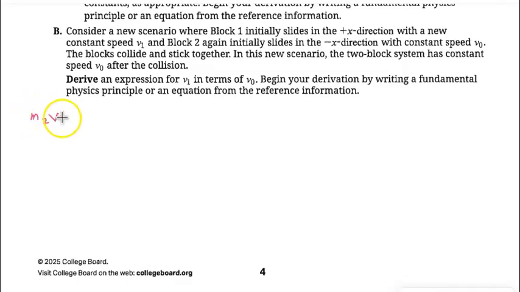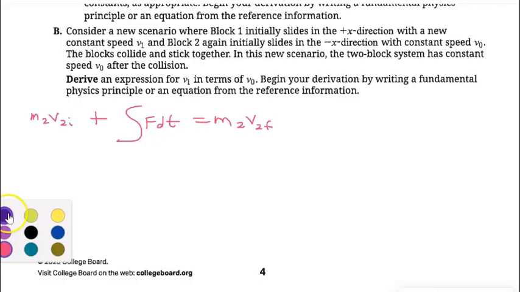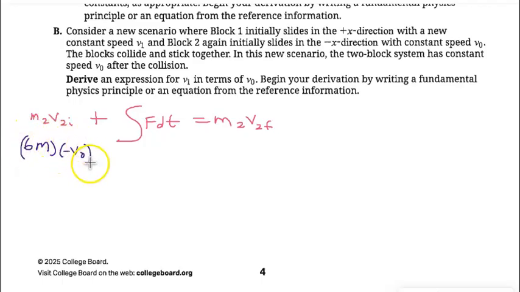So you have M2 V2 initial, plus that other block is exerting an impulse on it. Boom, impulse is an integral. Equals M2 V2 final, right? So momentum isn't conserved if you isolate either one of the two blocks, only if you look at the system. So M2 had a mass of 6m and an initial speed of minus v naught.